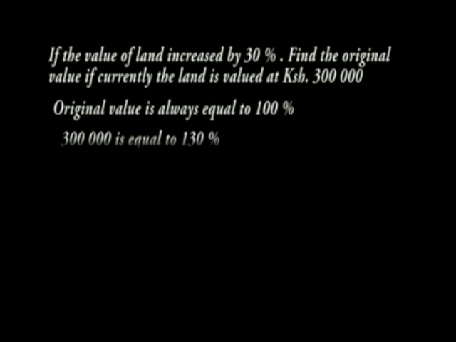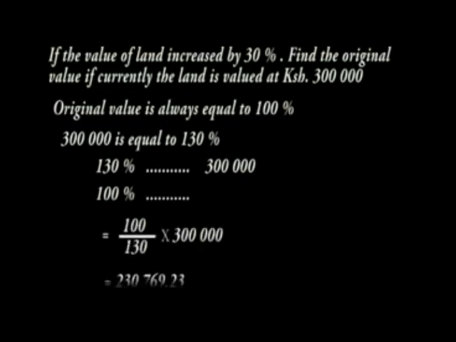So we find what 100% represents. That is, 130% is equivalent to 300,000. So what will 100% represent? If we do our calculation, we find 100%, which is the original price, is 230,769.23.